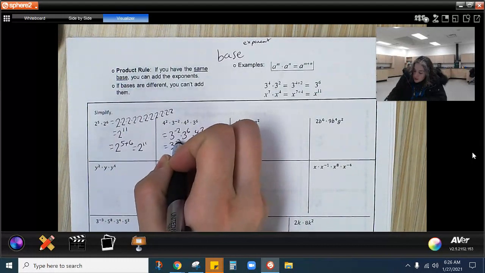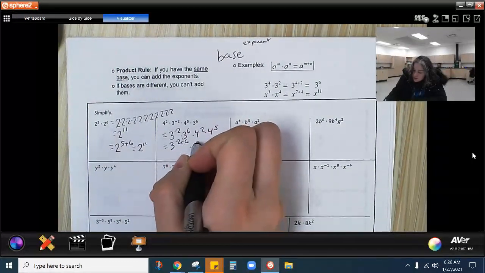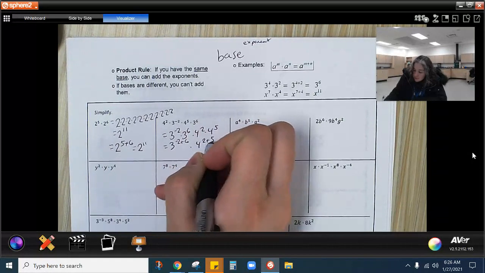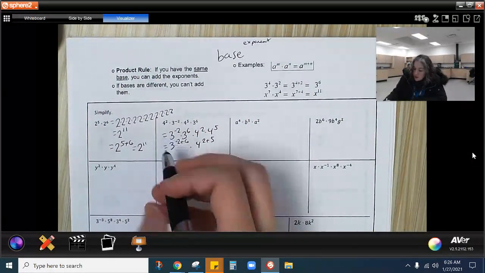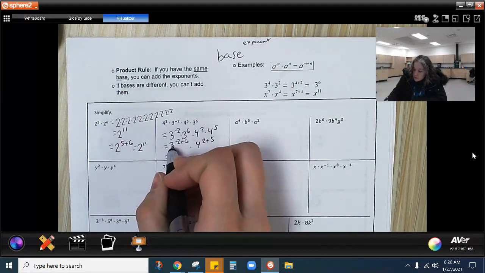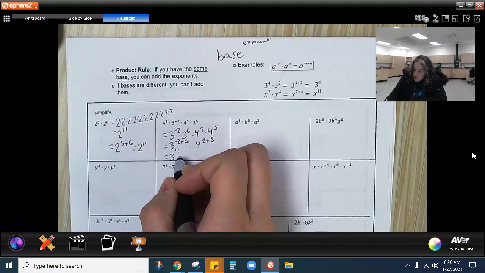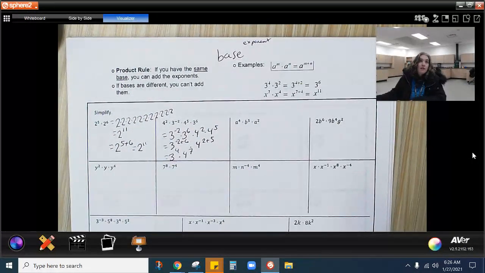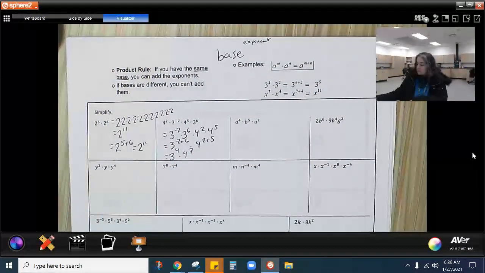So I would do 3 to the negative 2 plus 6 times 4 to the 2 plus 5. Right? I'm just adding my exponents together. So this becomes 3 to the 4th times 4 to the 7th. And yes, you can have negative exponents. We'll get into what that means later on, but for now, know that it's possible.